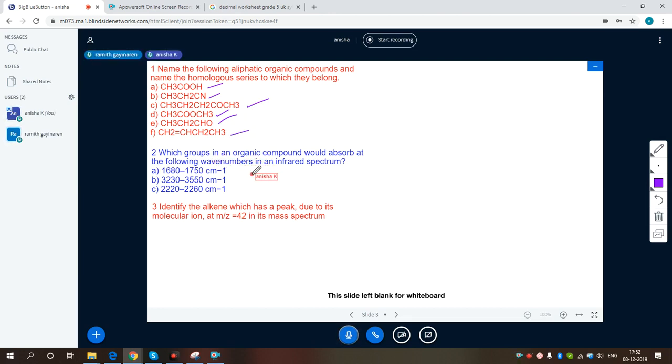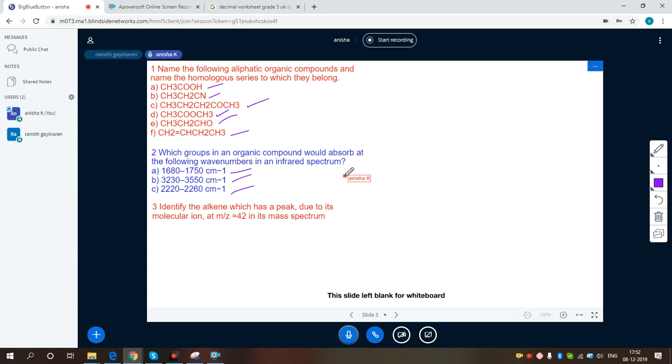For the second one, the first is C double bond O, then the OH, and then C triple bond N, the cyanide group, right?